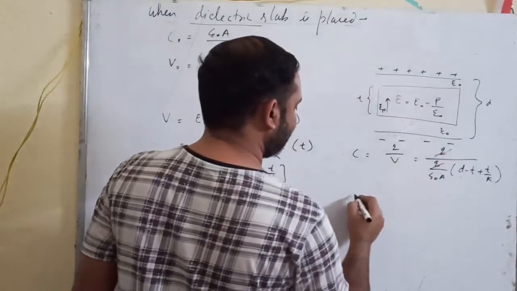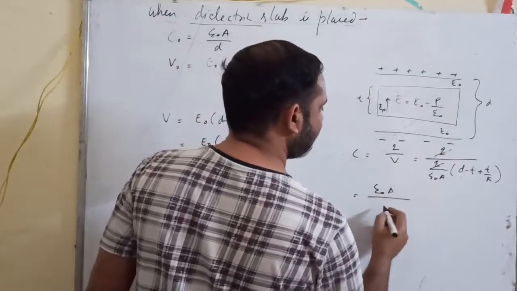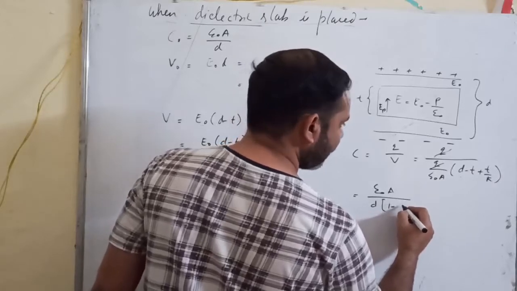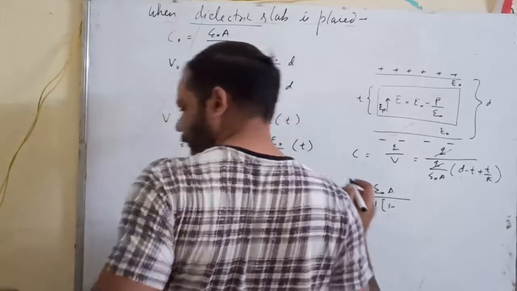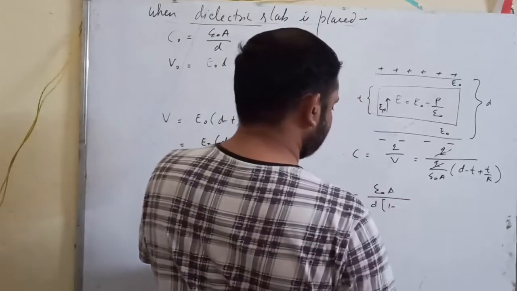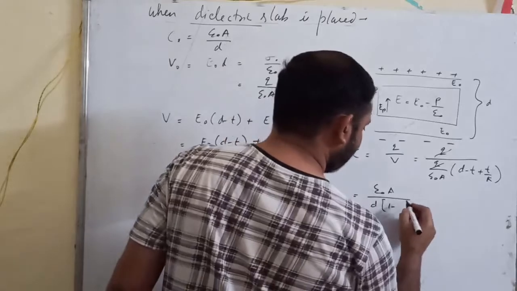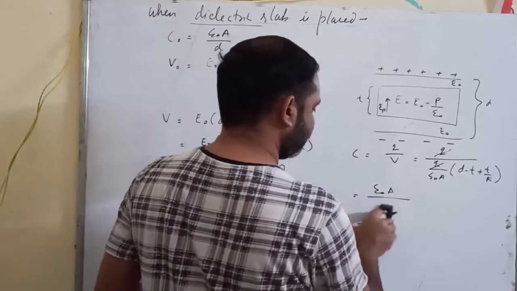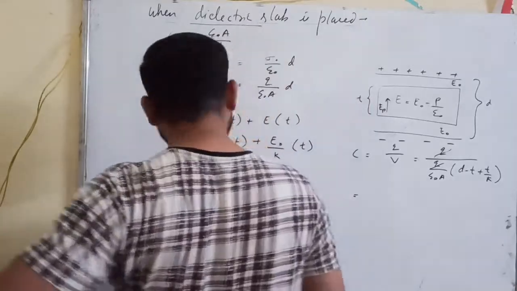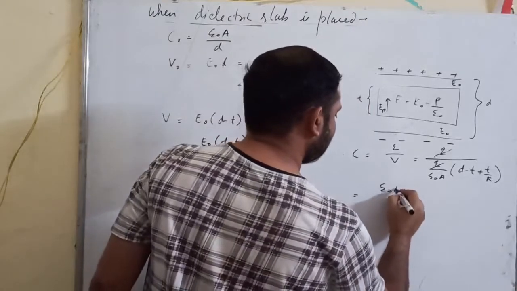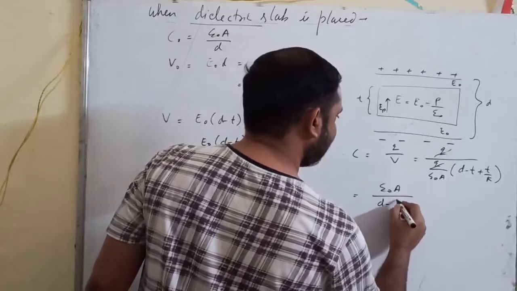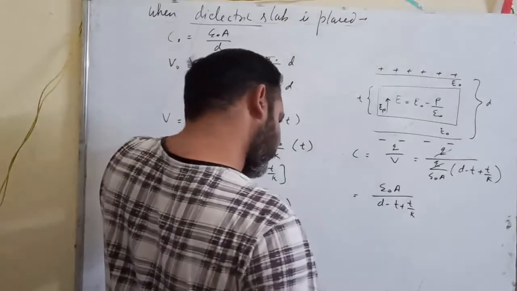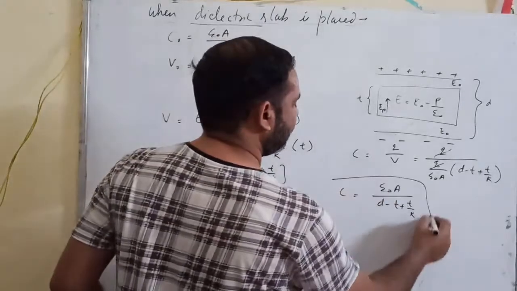Now Q will get cancelled, and we get the formula epsilon naught A upon (d minus t plus t upon K). This is our C, the value of C.